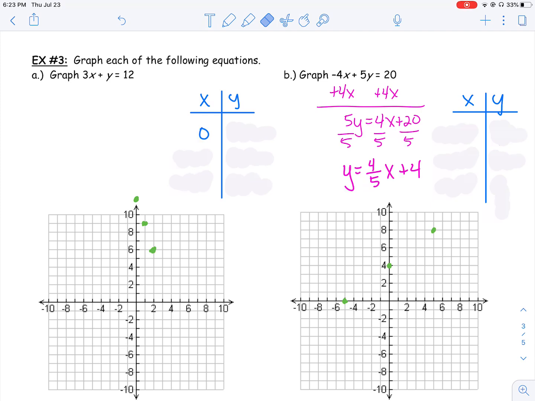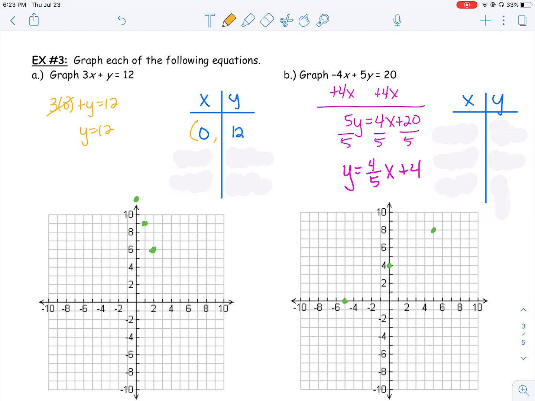In this case, I started with 0 because that's always the easiest for me. We can always find its partner, its y value, by plugging in 0 for x and solving for y, like we did in the last video. So if I take my equation and plug in 0 for x, I can solve for y, and I ended up getting y equals 12.